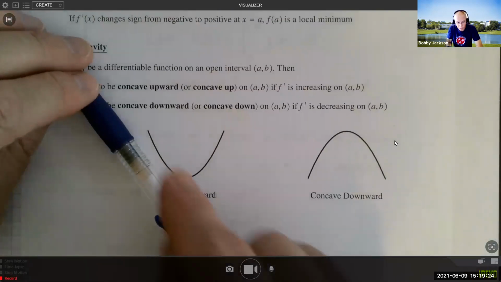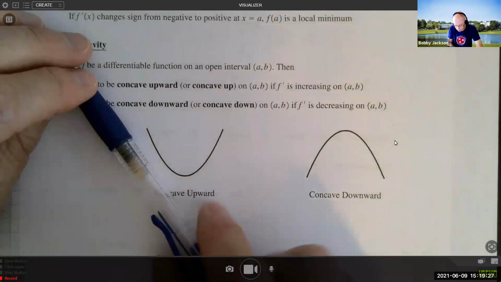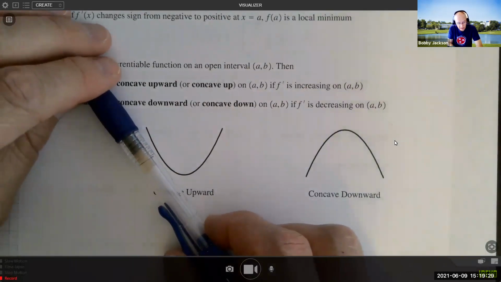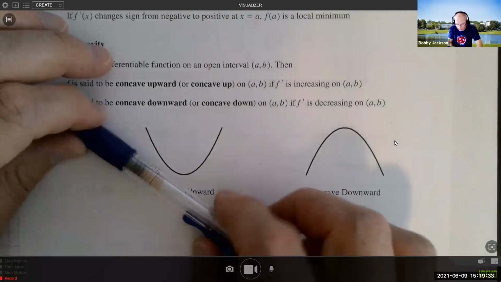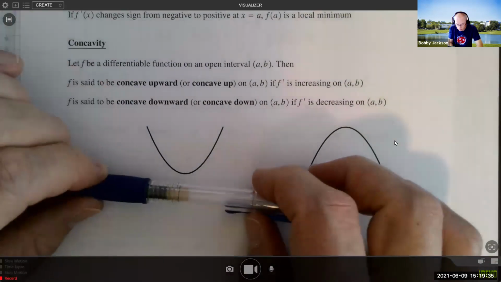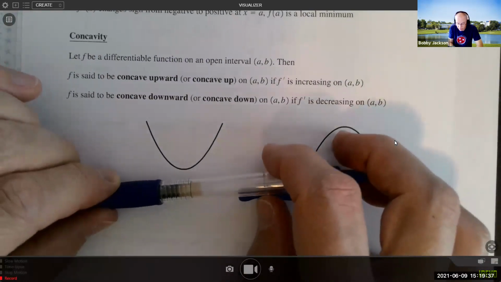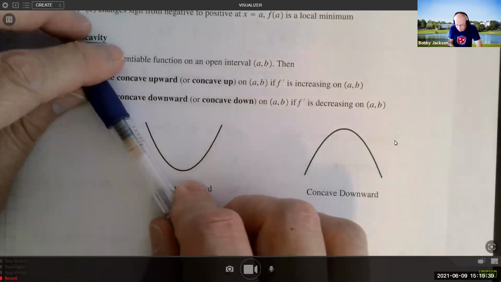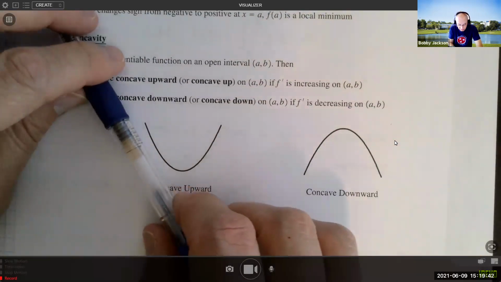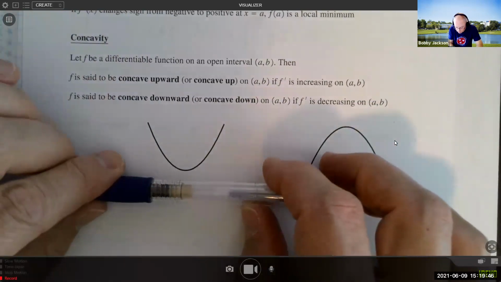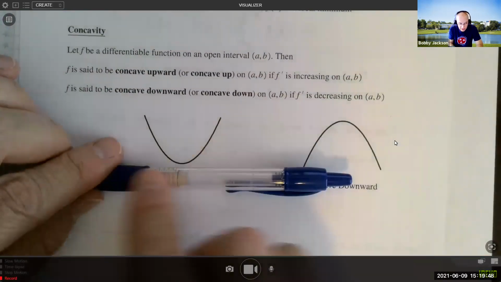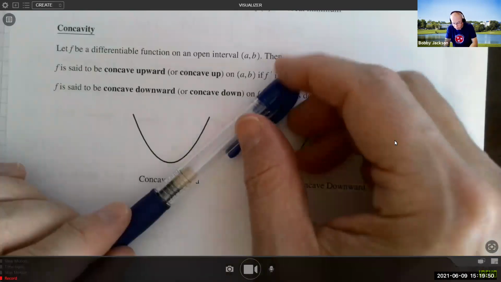If I look at the slope, let this pen just be the tangent line that just touches the graph here. As we move from left to right, the slope of our line is increasing. It's negative here, but it's getting less negative. So maybe it's -6 here, -5, -4, -3, -2, -1, and then right there at the bottom we're going to have a horizontal tangent line, derivative of 0, and then +1, 2, 3, and so on.